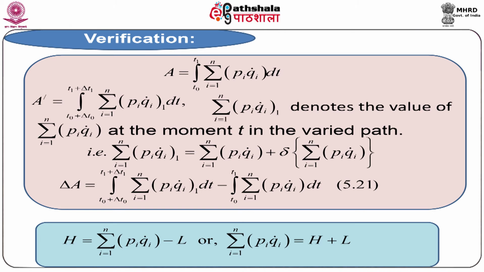But Hamiltonian H is given by capital H equal to summation over i equal to 1 to n pi qi dot minus L, or we have summation i equal to 1 to n pi qi dot equal to capital H plus capital L. So far we have discussed the delta variation and the conical delta variation, and already established their relation.